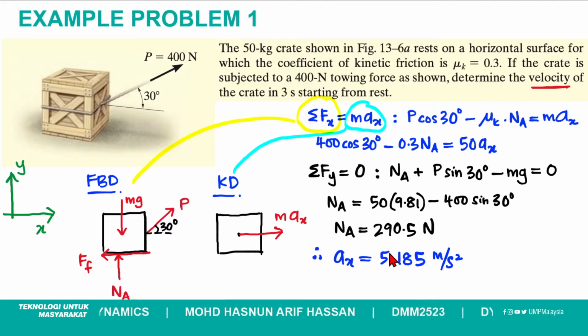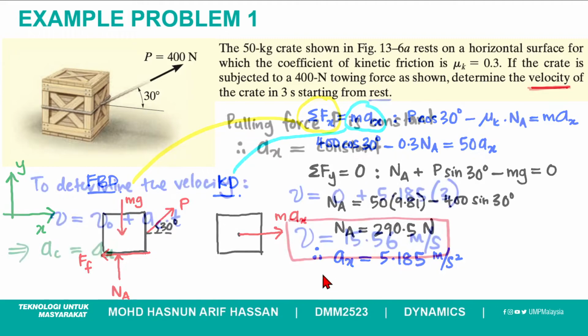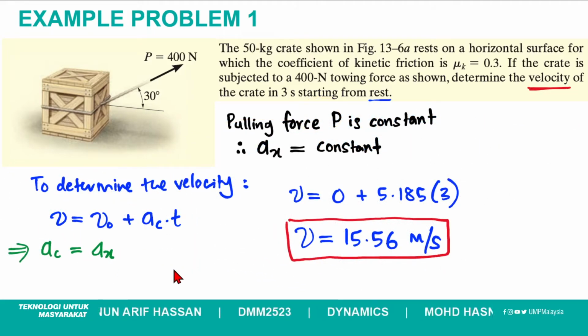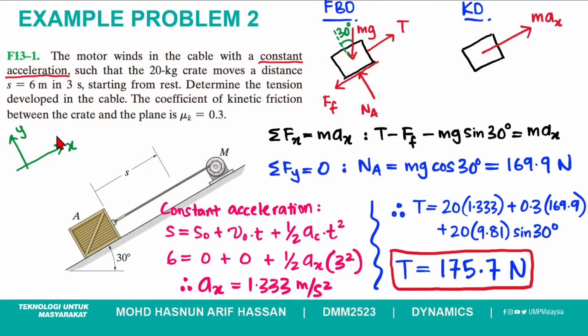So you need to apply the kinematics equation to get the velocity. And in the second example, I have shown that you can also define the coordinate system in different orientation depending on the situation.